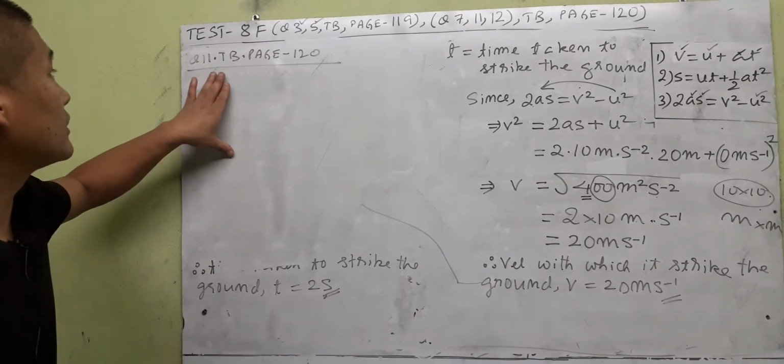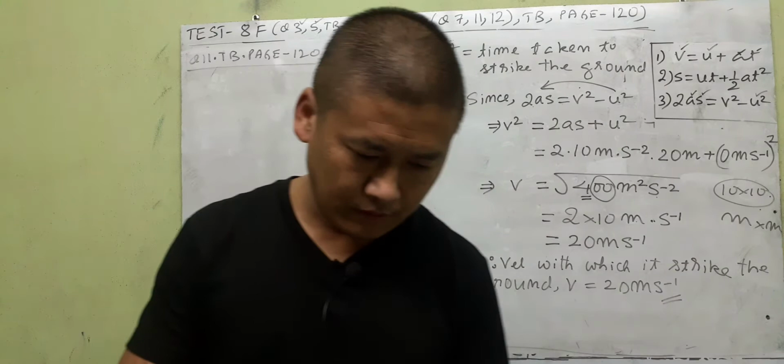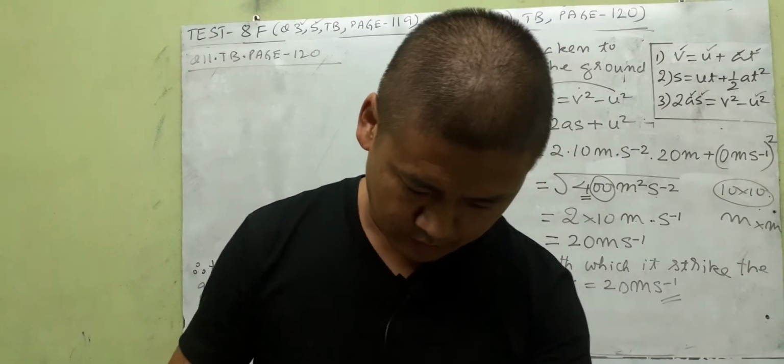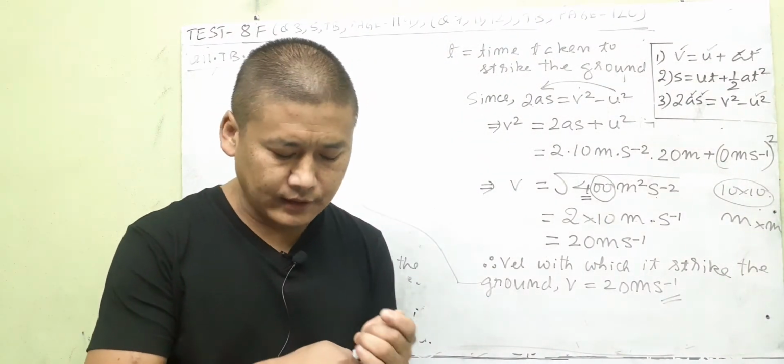So let's go to the next question, 11. Let me read the question for us. If a sports car goes from rest to 27 meter per second in 9 seconds.